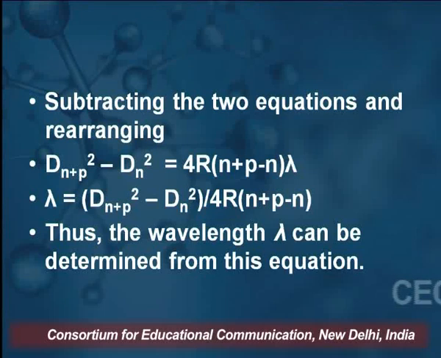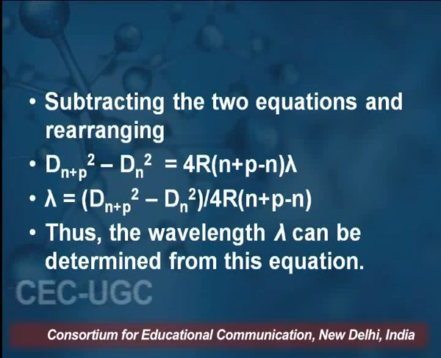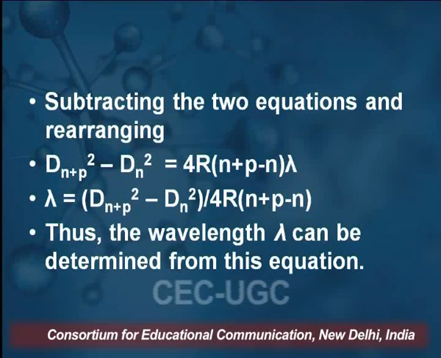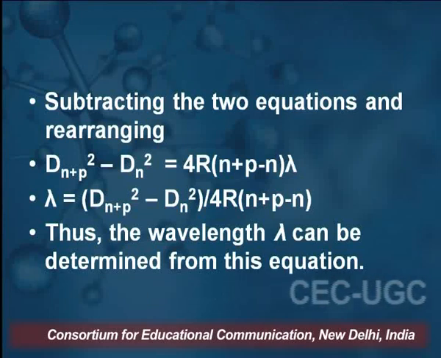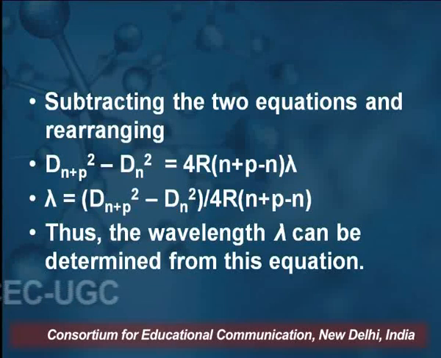It will be D(n+p) whole square minus Dn square is equal to 4R, now (n+p-n) into lambda. Lambda we can write as D(n+p) square minus Dn square divided by 4R times (n+p-n), that is 4Rp. What is the value of p here? The value of p is the difference between the rings. Where lambda is the wavelength, and from this equation we can calculate the wavelength of the light.